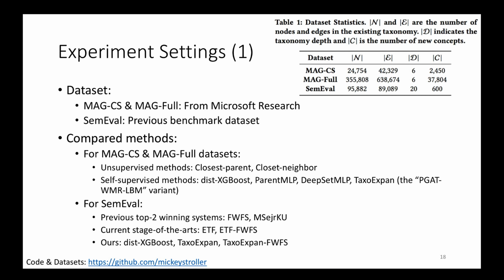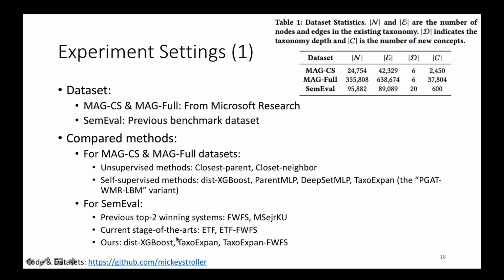The first word, first sense method essentially finds the first word, and the first sense of that first word, in the query concept's definition sentence. That turned out to be a pretty good heuristic, as well as the MSKU method, that's the winning solution.